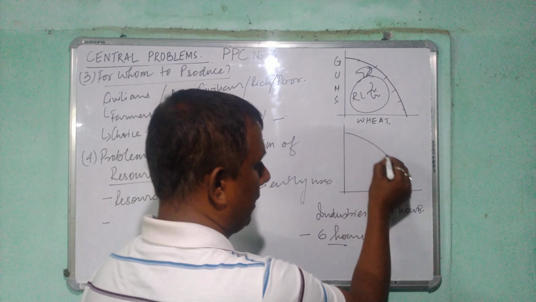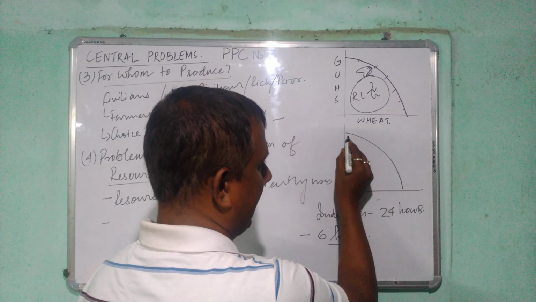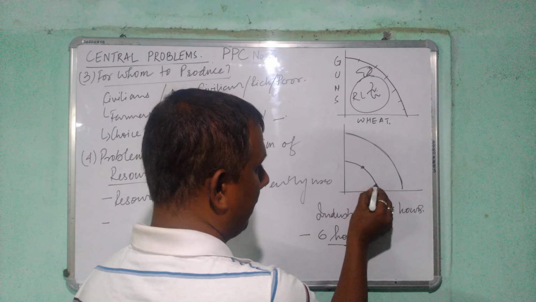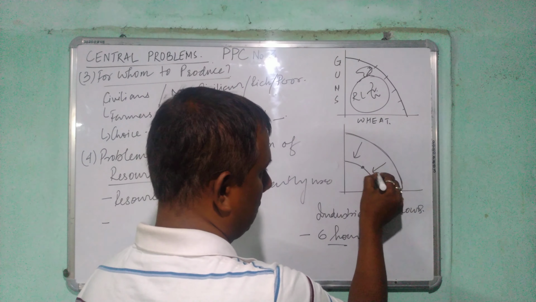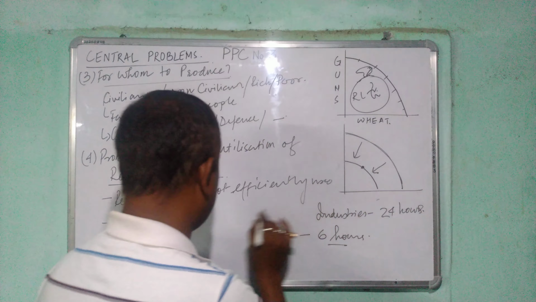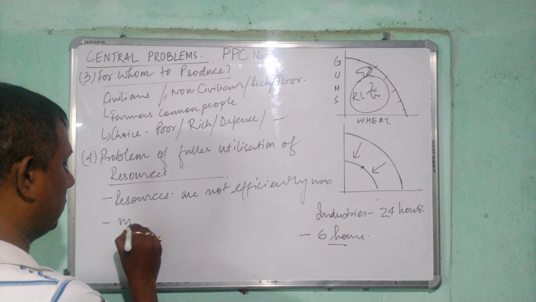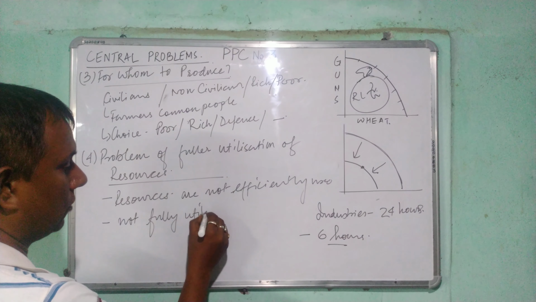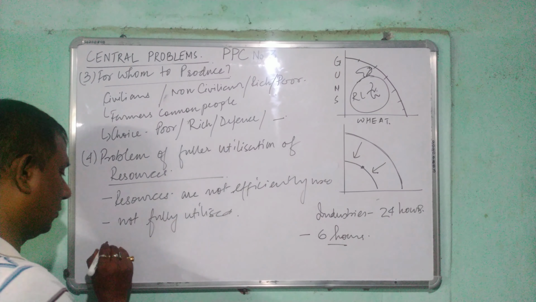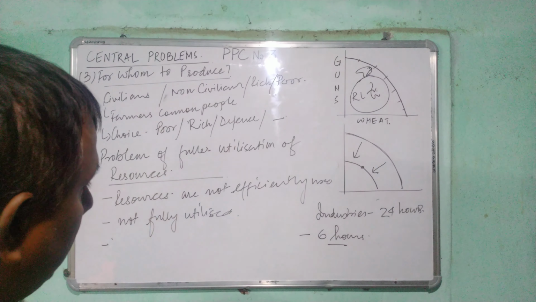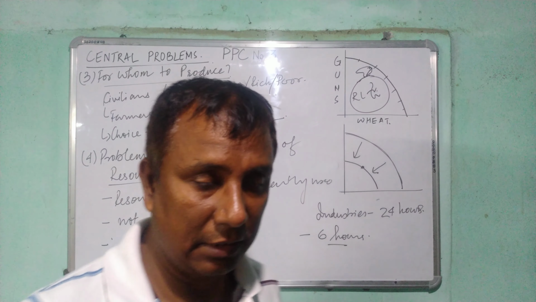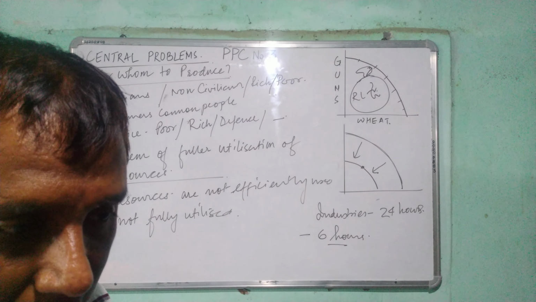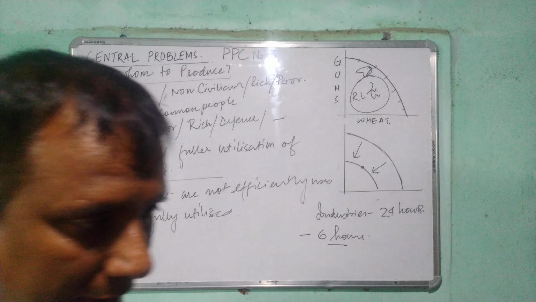So we have underutilization of resources. Our production should have been this much, but our production is this much. Why? Because our resources are not fully utilized. This is one of the major problems. Why are the resources not fully utilized? Not everyone works with full effort. All the workers do not have the same rate of working.